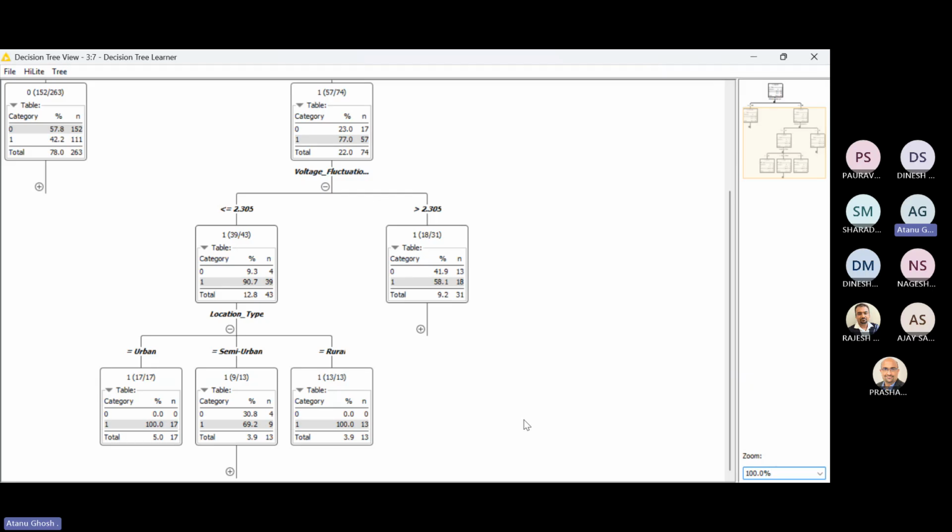Now you may ask the question: should I use 20? Should I use 5? Should I use 30? How do I know what value I should use? There is no way of knowing that except trial and error.